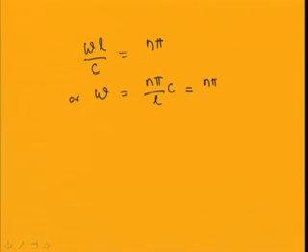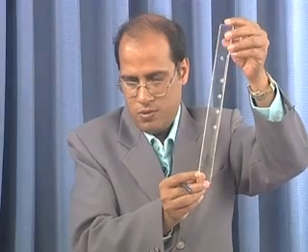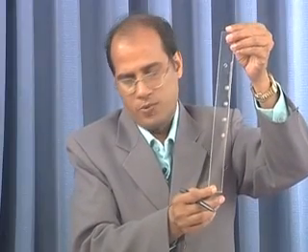In case of this rod, c can be written as root over E by rho, where E is the Young's modulus and rho is the mass per unit length of this rod. In this rod the mass per unit length I am taking equal to rho, and E is the Young's modulus.